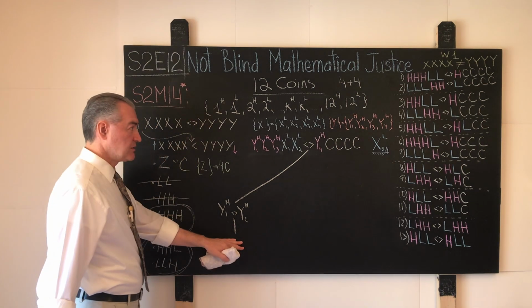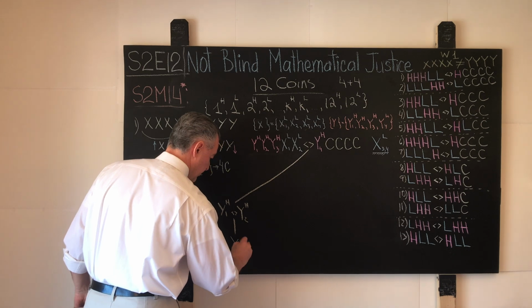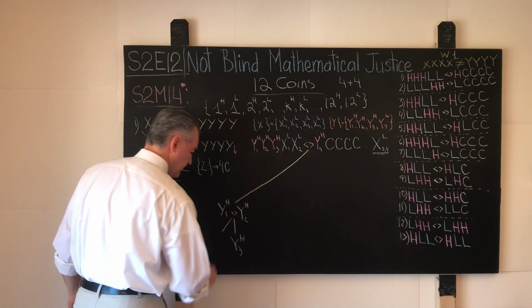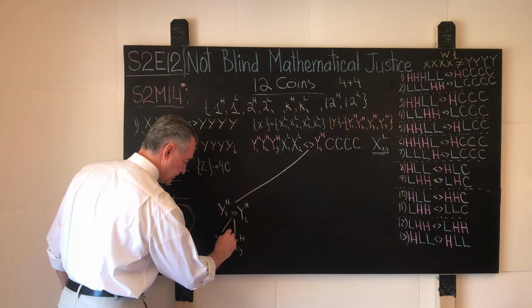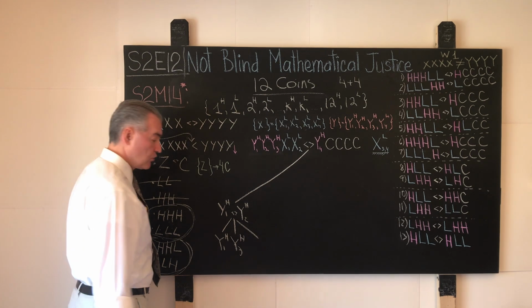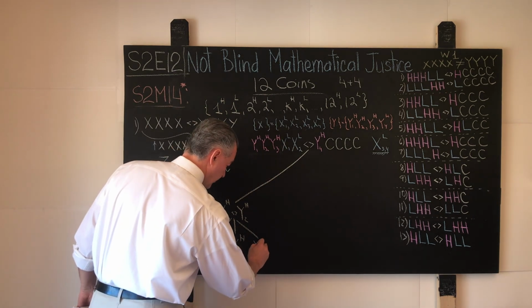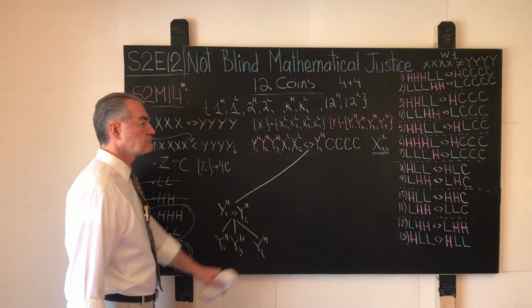If the pans balance, then the fake coin is named Y3 and it is heavy. If the left pen goes down, then the fake coin is Y1 and it is heavy. And if the right pen goes down, then the fake coin is named Y2 and it is heavy.